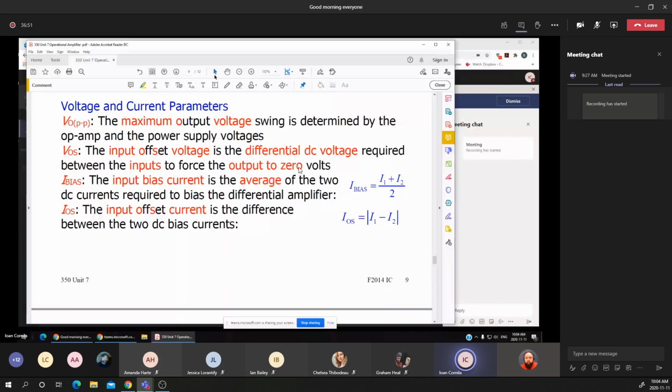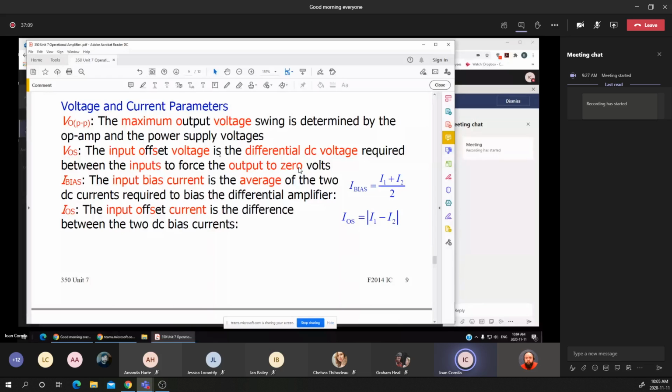VOS. Now, another parameter, the OS, is the offset voltage. Always we need to make a small adjustment. Sometimes it is the differential DC voltage required between the two inputs to force the output to 0.